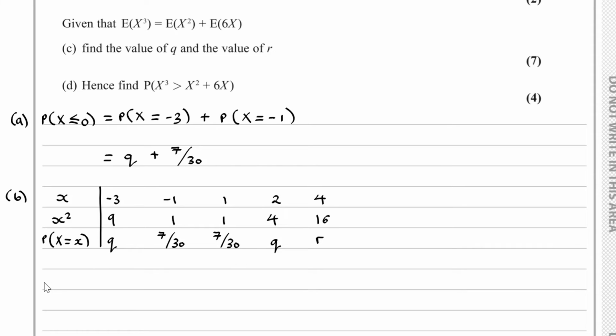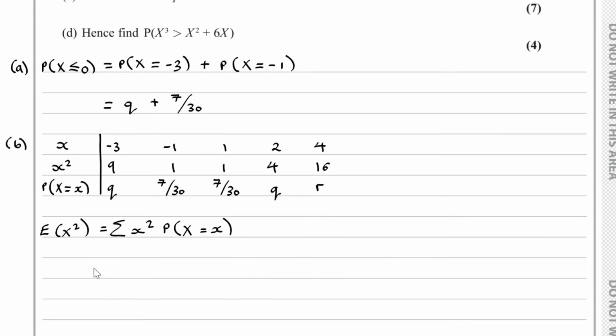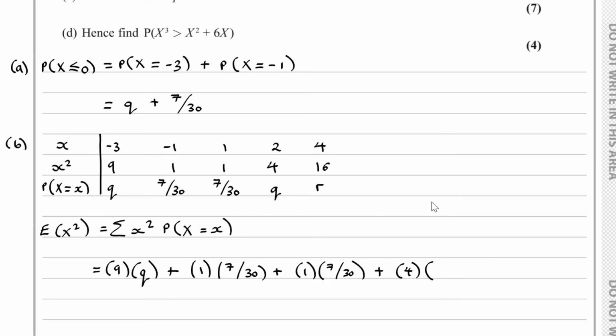So the expected value of x squared, that's equal to the sum of the x squared times the probability that x is equal to x. So we have 9 lots of q plus 1 lot of 7 over 30 plus 1 lot of 7 over 30 plus 4 lots of q plus 16 lots of r.